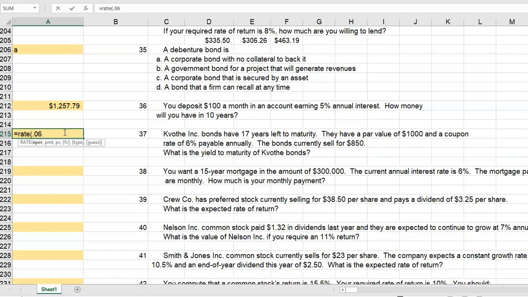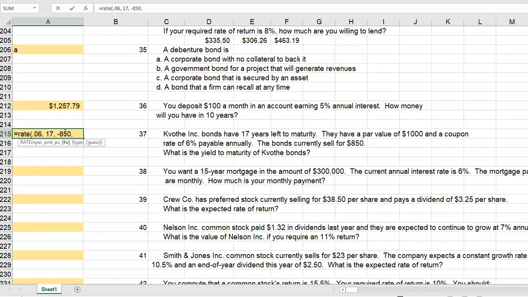0.06. It's payable annually. I have to be careful with the bonds if they were semi-annually, but this is okay. 17 periods. Present value. Currently sell for. So if I paid $850, gotta make one of these negative. I pay $850.